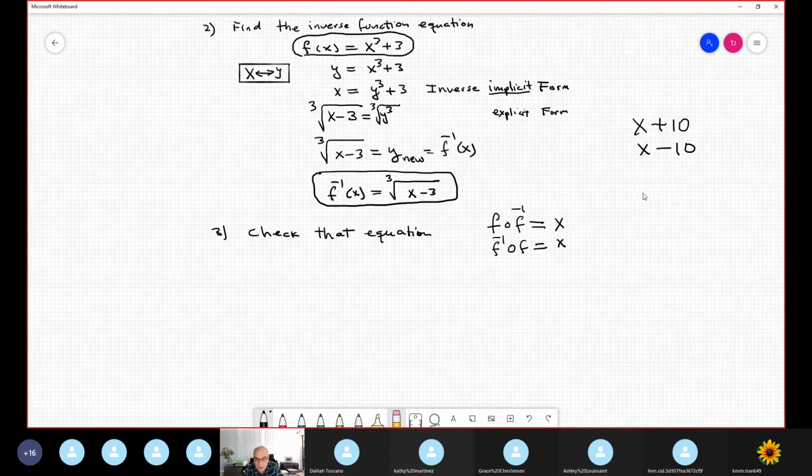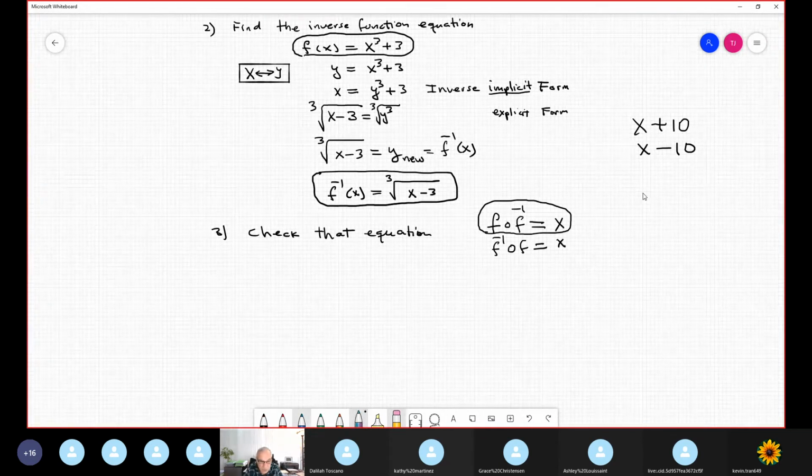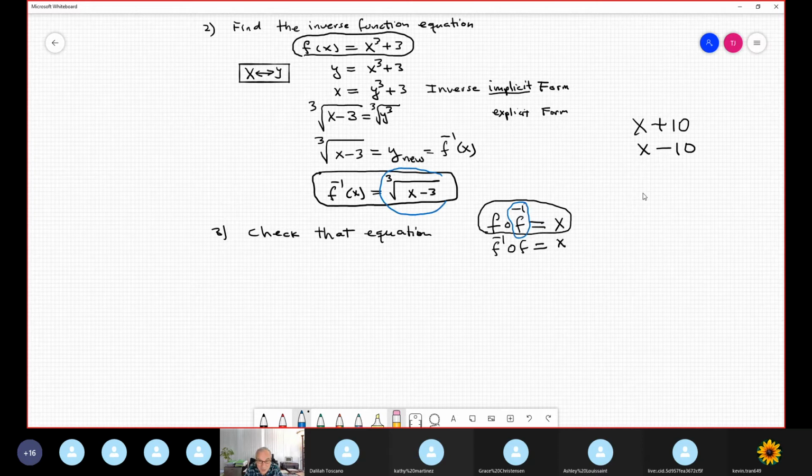Suppose that we are doing the composition of the functions in this order. What does that mean? That means that you take, for example, the first function, get the inverse, this one, get this expression, and you substitute where? Here, in the x place.